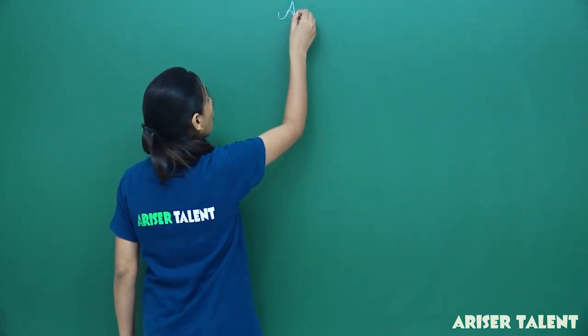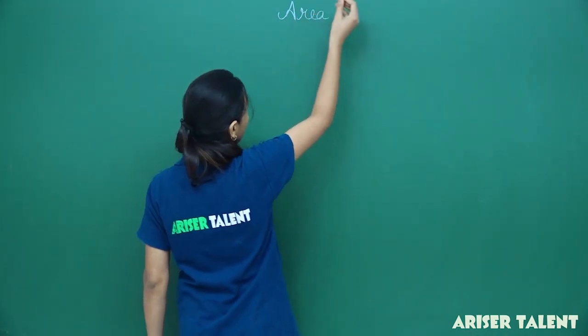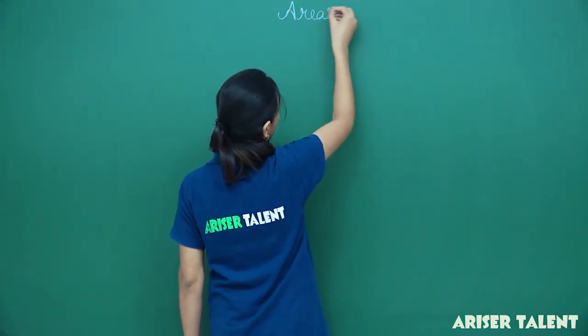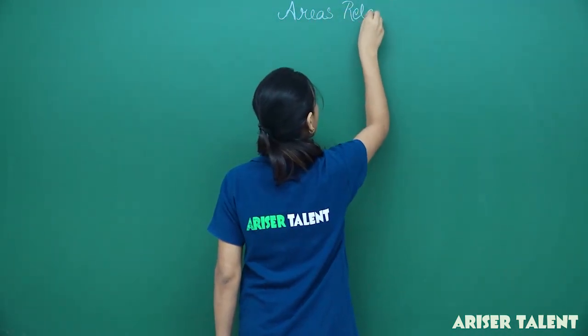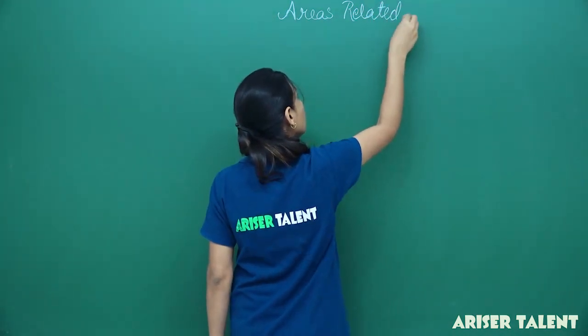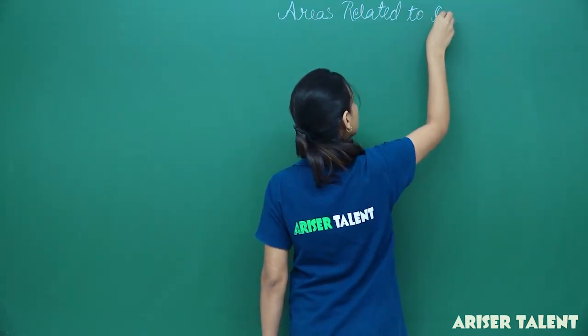Students, we are discussing a chapter in mathematics, that is, area related to circles. Starting by writing the name of the chapter here, area related to circles, I'm just reminding you what we have studied.